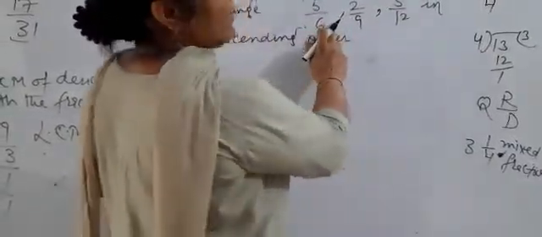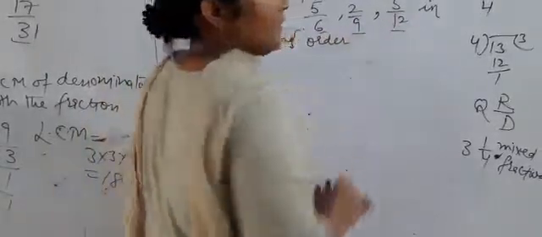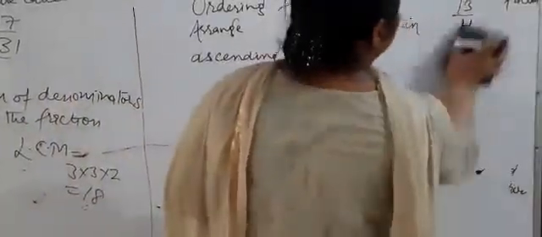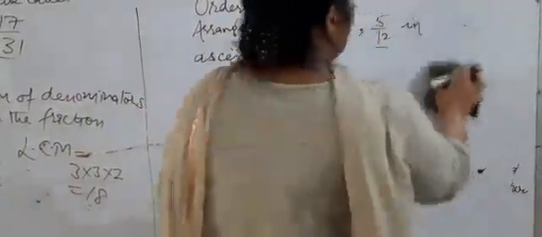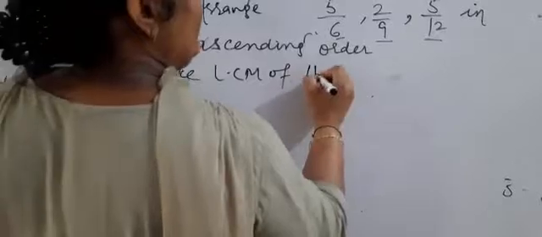To convert these unlike fractions into like fractions, take LCM of the denominators. What are denominators here? First step is take LCM of the denominators.